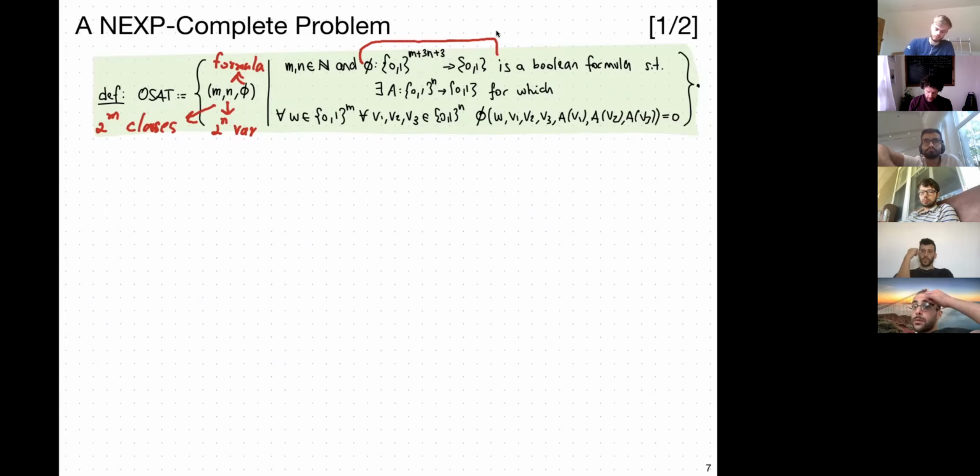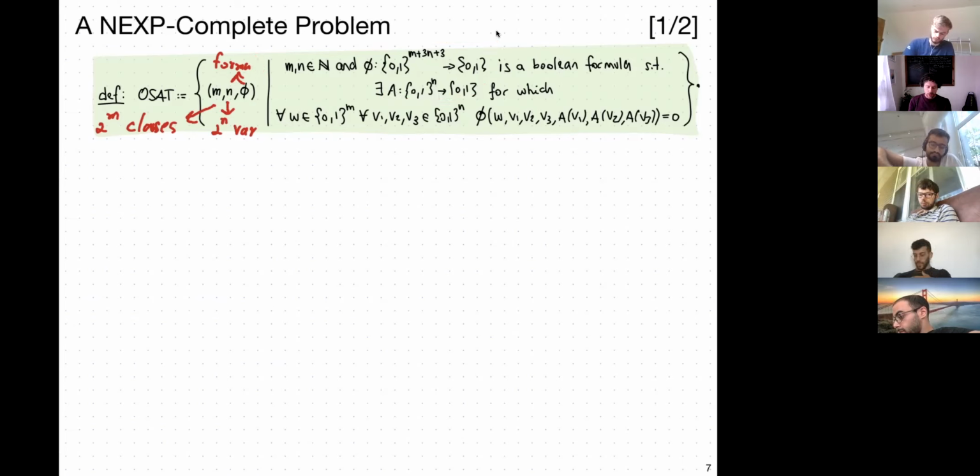And what we want to check is whether there exists an assignment of exponentially many variables. Think about this assignment as some coloring of the hypercube. You have 2 to the n points in the hypercube, and we label each one of them by 0 or 1. So an exponential size assignment.